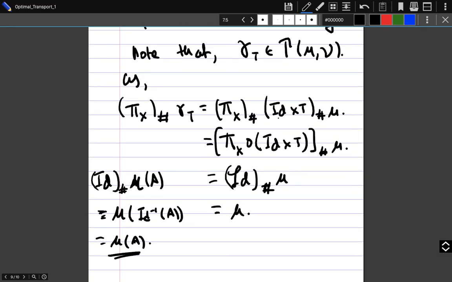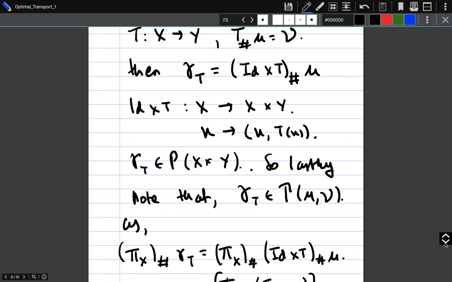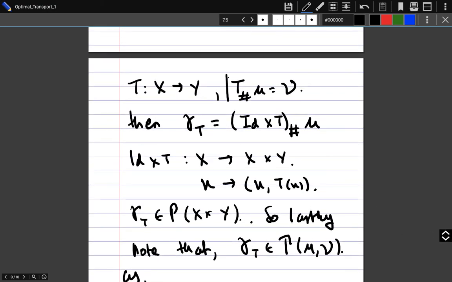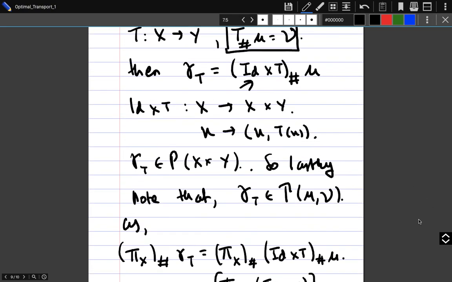You just replace x with y everywhere, and what you will notice is that in this step, when you're projecting on y instead of x, you will get T. So you'll get T push forward mu, and that's nu by definition, right? We assumed that T was a transport plan. So if you're given a transport plan, then you can easily come up with a coupling, and this is a canonical way to define a coupling. Yeah. So that's it for this.